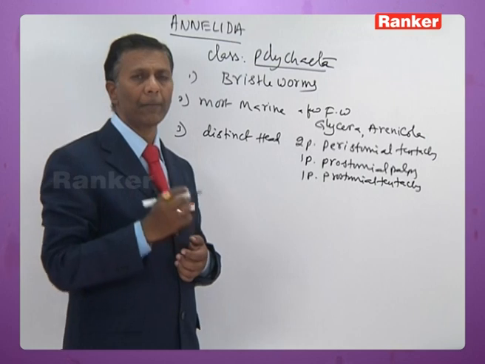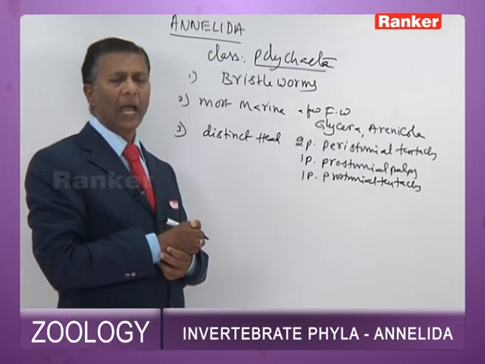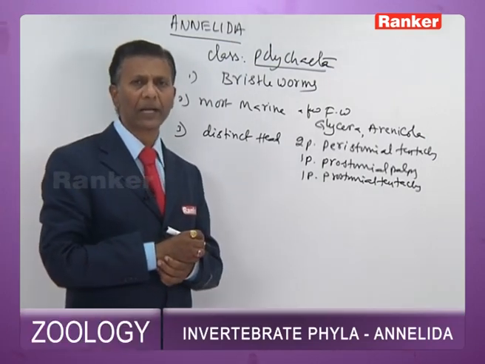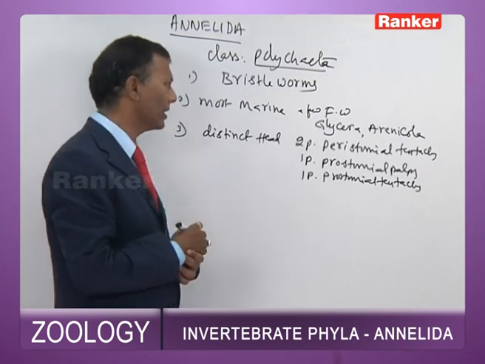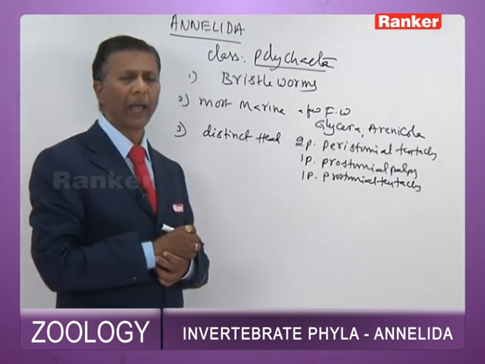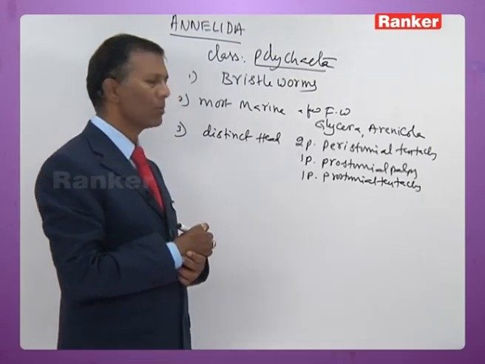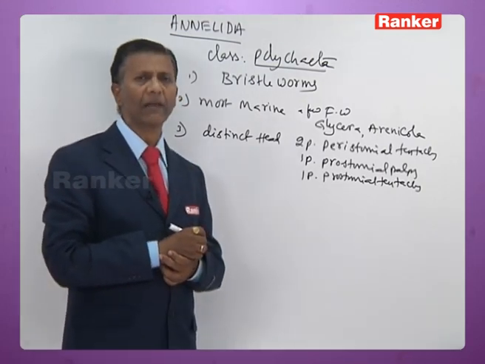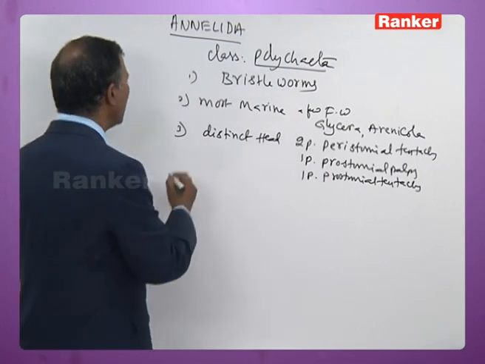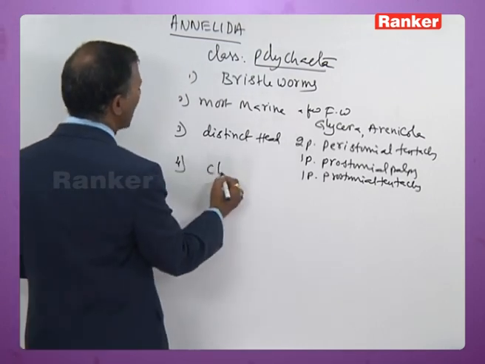Head is distinct. It comprises peristomium and bears 2 pairs of peristomial tentacles which are tactile in function, 1 pair of prostomial palps which are chemoreceptors, and 1 pair of prostomial tentacles which are tactile in function. Now in polychaetes clitellum is absent.